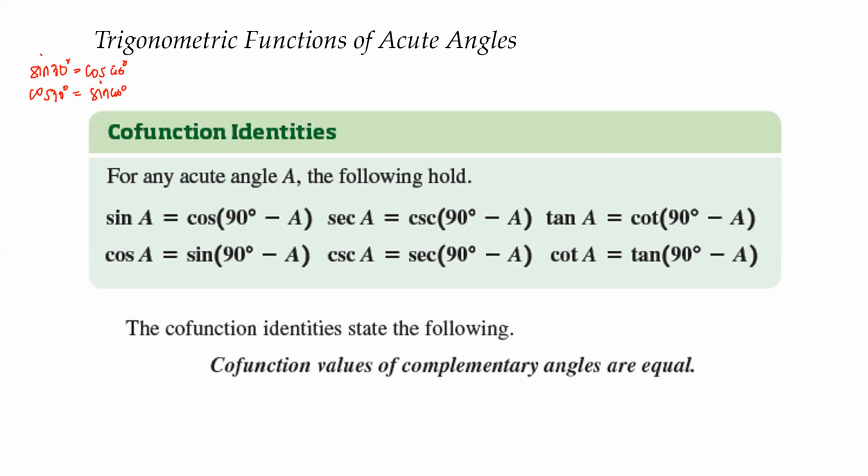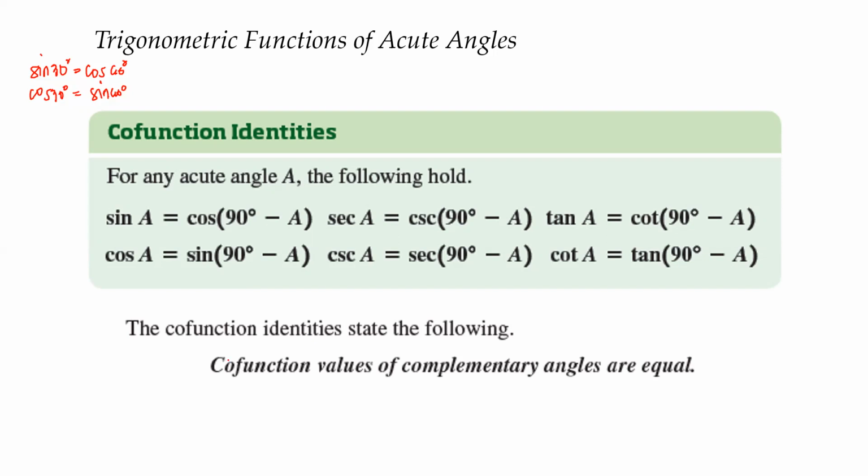Okay? And then secant A is cosecant of 90 minus A. At the same time, cosecant A is secant of 90 minus A. Tangent A is cotangent of 90 minus A. And at the same time, cotangent A is equal to tangent of the quantity 90 minus A. And the cofunction identities state the following: cofunction values of complementary angles are equal.